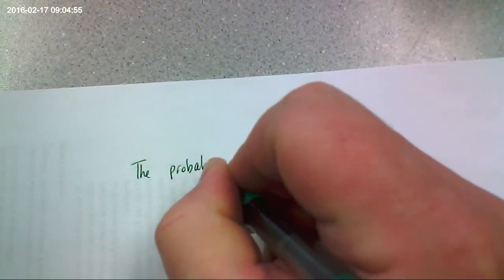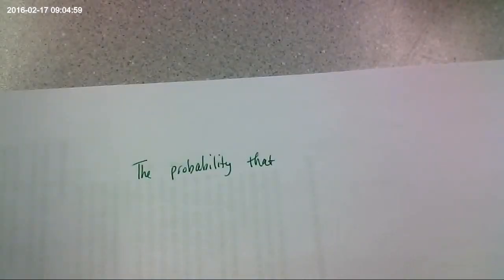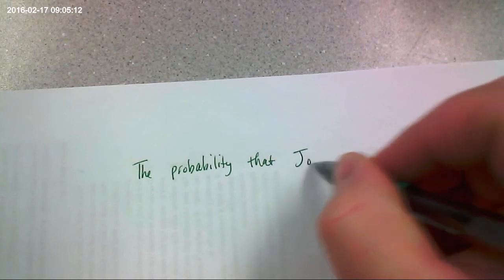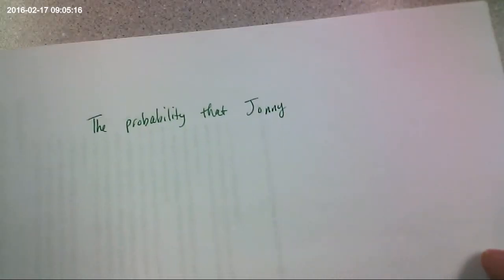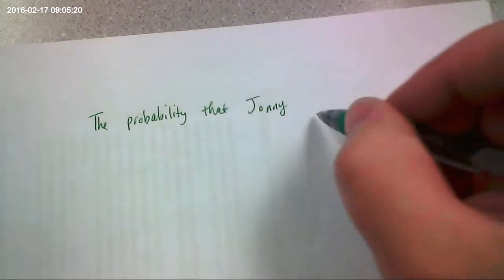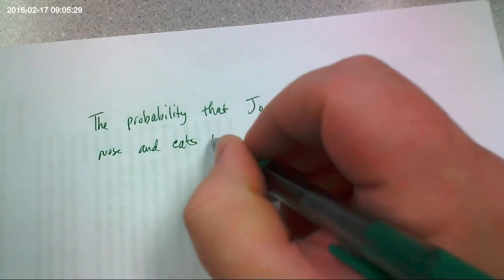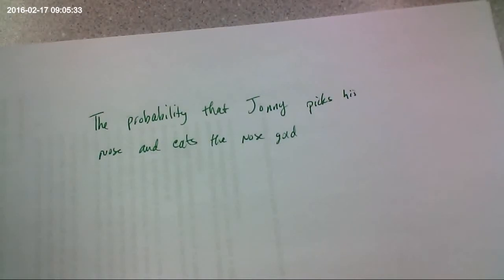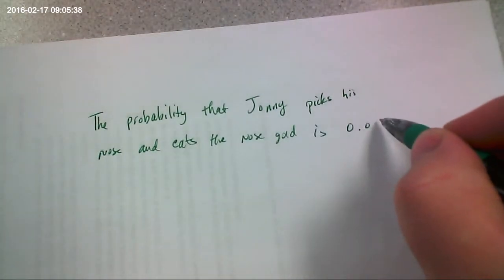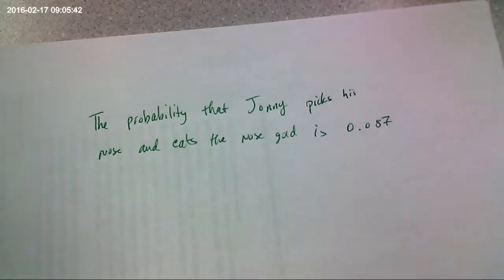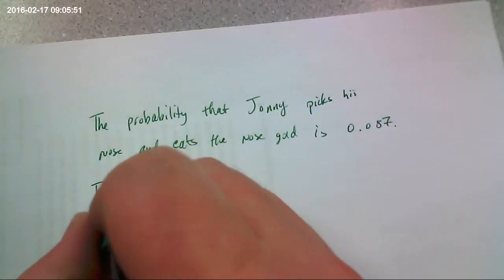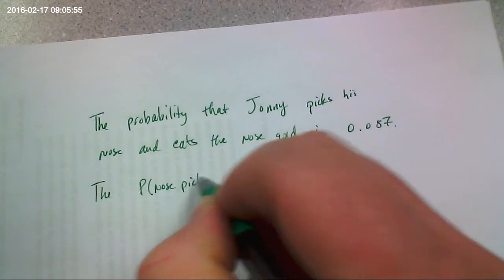The probability that Johnny, we're going to spell it that way, the probability that Johnny picks his nose and eats the nose gold is 0.087. The probability that he picks his nose, I don't want to write it out in words, is that okay?